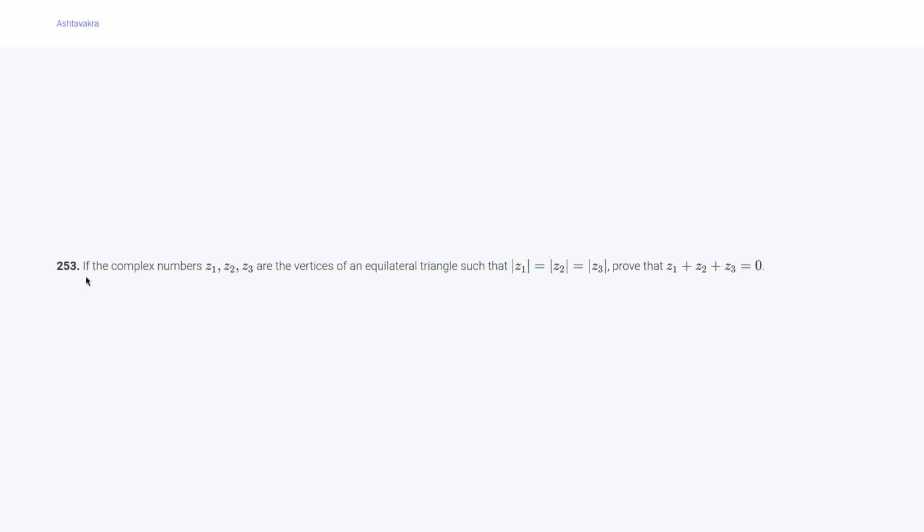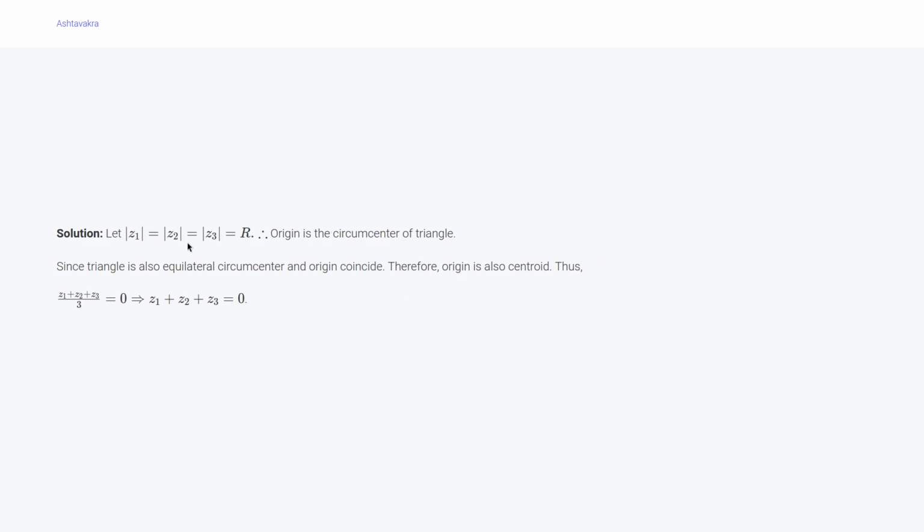Question 253 says that if the complex numbers z1, z2, z3 are the vertices of an equilateral triangle such that mod z1 is equal to mod z2 is equal to mod z3, prove that z1 plus z2 plus z3 is equal to 0. Since the mods are equal, which is equal to r, therefore origin will be the circumcenter of the triangle.